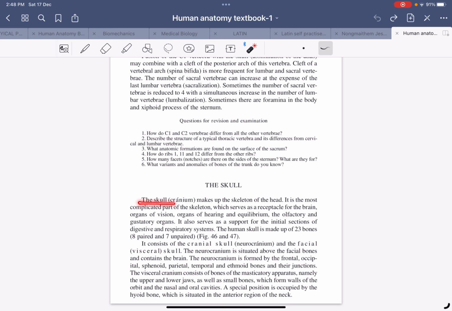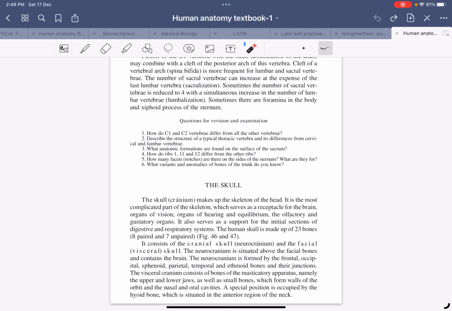The skull, or cranium, makes up the skeleton of the head. It is the most complicated part of the skeleton, which serves as a receptacle for the brain, receiving information about sensation, vision, and hearing.